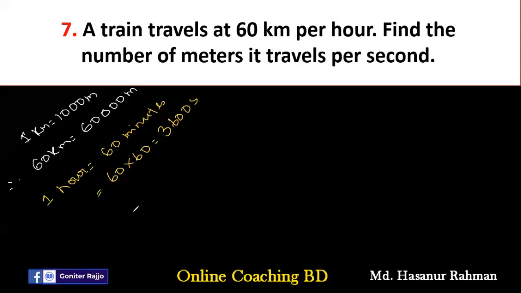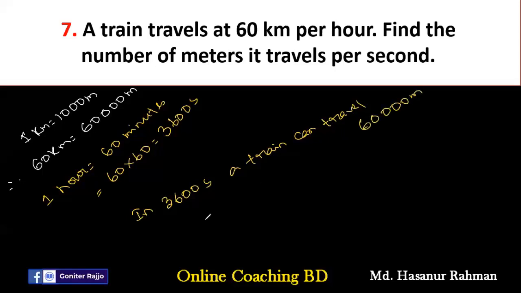So we can write in this way. In 3600 seconds, a train can travel 60,000 meters. Therefore, in 1 second, that means we have to find out per second.